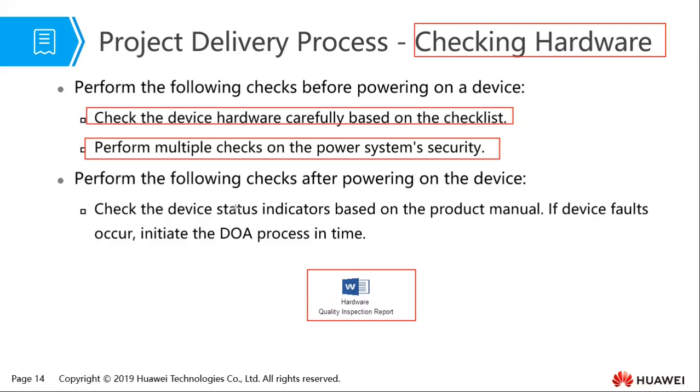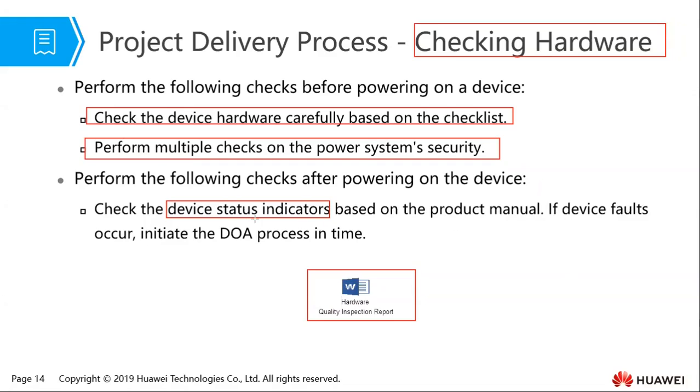Some of the things you need to check, for example, are the device status indicators. We normally have light indicators, which we are going to see, and they light up in different colors depending on the working state of the machine. We're going to look at some of them in the coming topics.